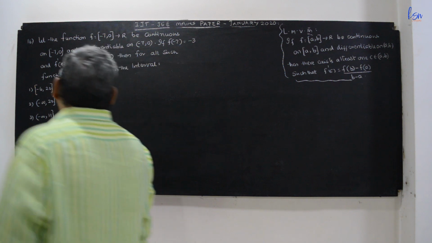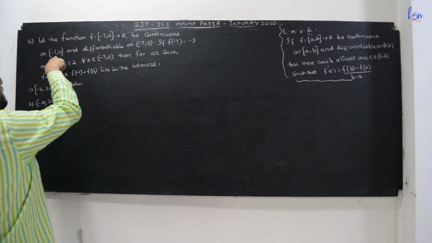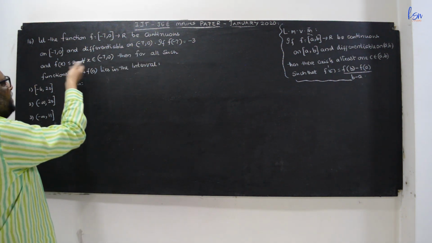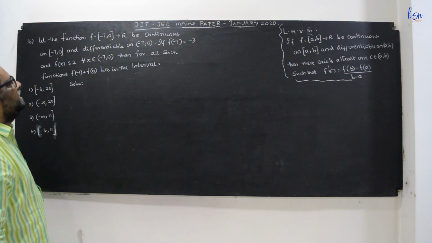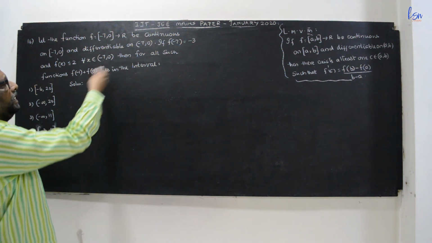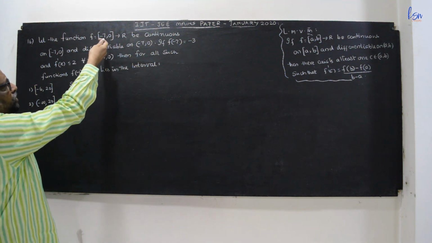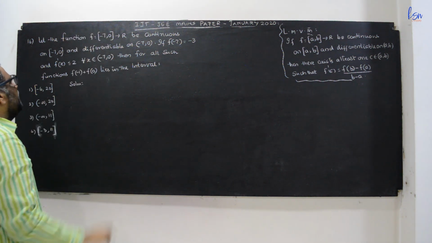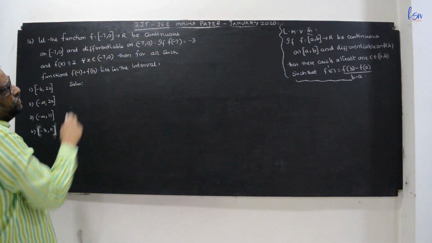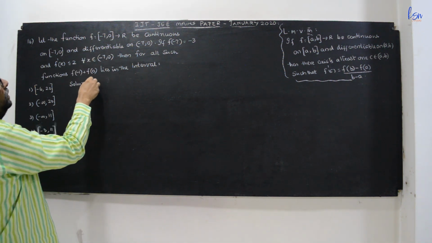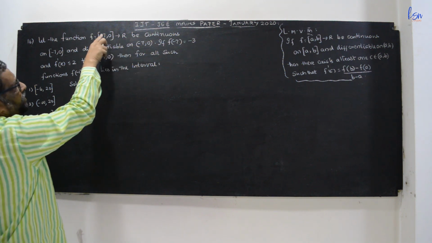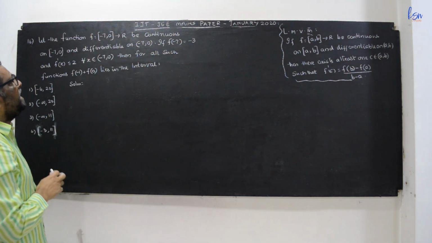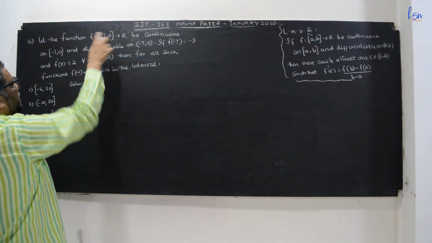Now coming here, the function is continuous on closed minus 7 comma 0 and differentiable on open minus 7 comma 0, and f of minus 7 is given, and f dash x is less than or equal to the bound for all x between minus 7 and 0. Whenever it is continuous on minus 7 comma 0, we can take the function to be continuous on minus 7 comma minus 1 and also differentiable on minus 7 comma minus 1 open, because minus 7 comma minus 1 is a subset of minus 7 comma 0.